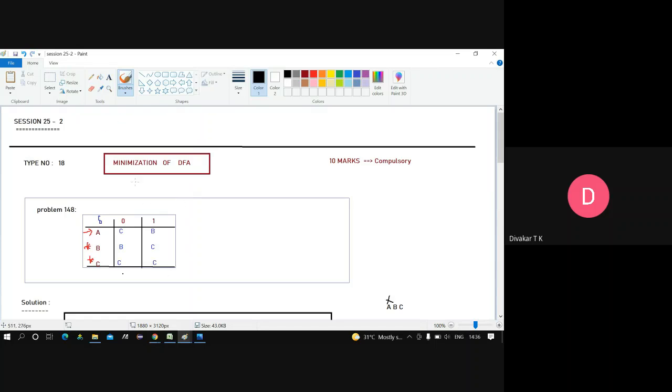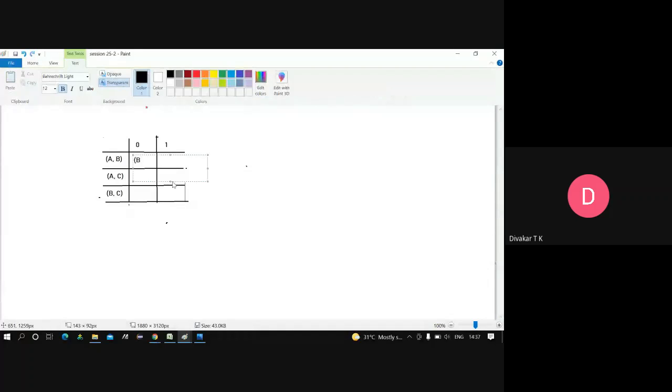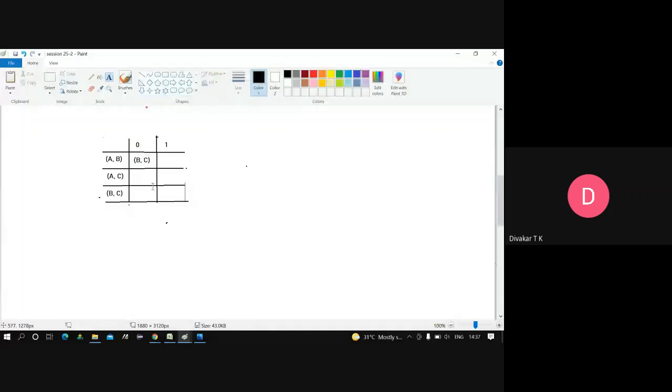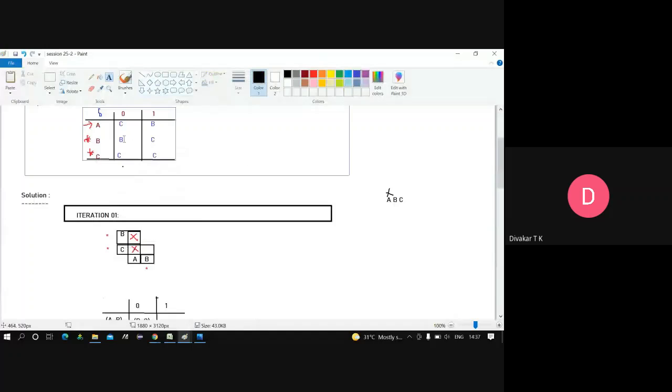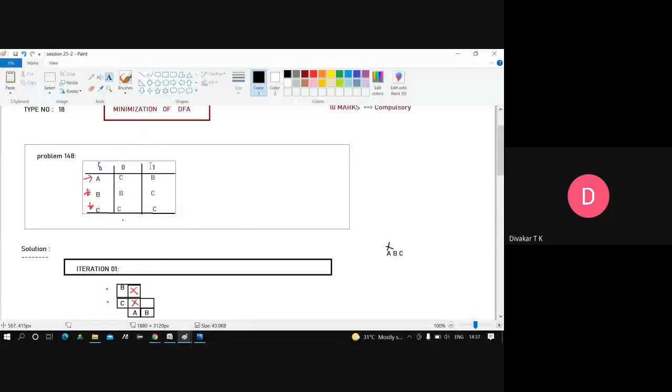A comma B, here the 0 symbol is carrying to C, and C union B is BC, or CB. Write it directly. I'm explaining slowly. If you don't understand, ask me. BC or CB, the order is okay. And again, AB is carrying the 1 symbol to BC only.